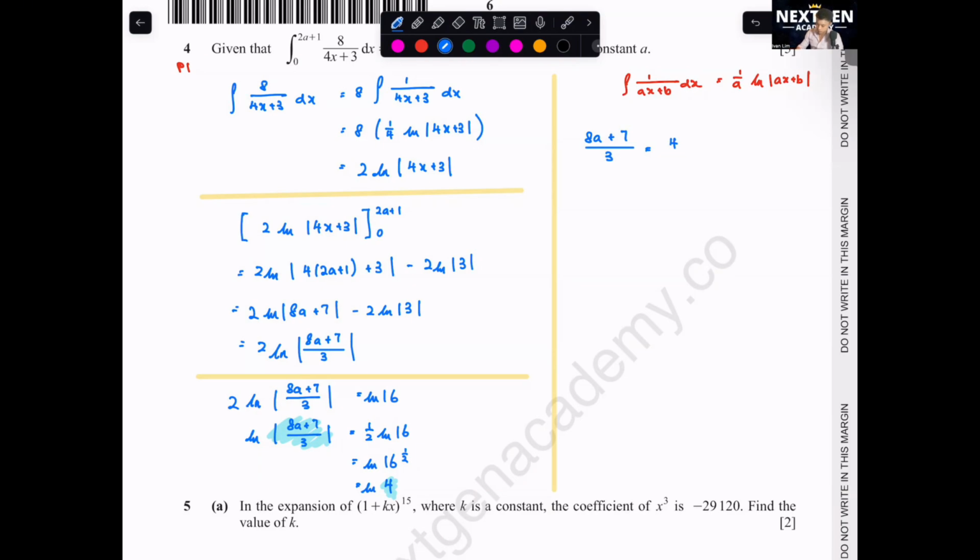And then here, 8a plus 7 equals to 12. 8a equals to 5. A is equals to 5 over 8.